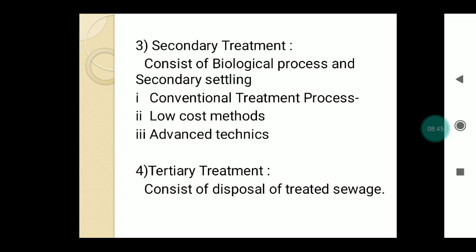The second is the low cost method, in which we can utilize the oxidation ditch or oxidation pond. Next, aerated lagoons or waste stabilization ponds are used to remove the biology. And the last one is the tertiary treatment, which consists of the disposal of treated sewage. We can adopt the suitable type of treatment for the sewage by knowing its characteristics and quality.